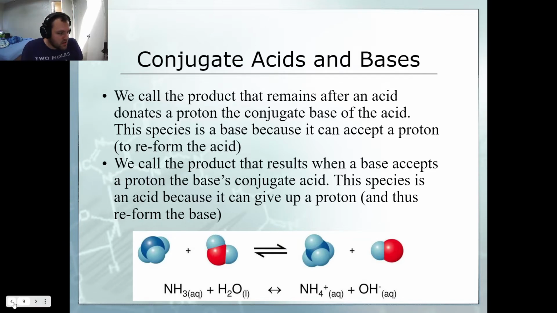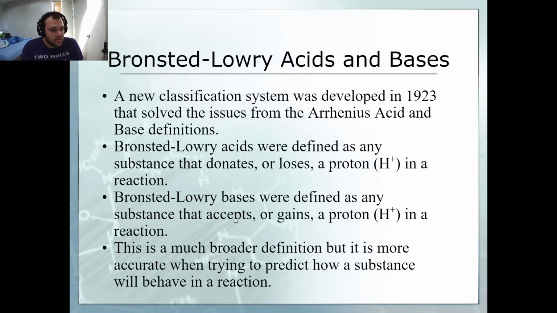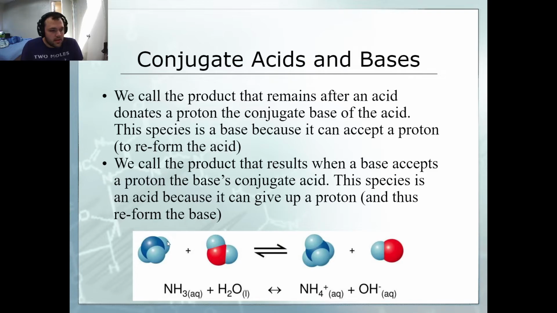We said on the previous slide, if it accepts a proton, an H plus, it is a Bronsted-Lowry base. So the NH3 is what is accepting the proton. It's the Bronsted-Lowry base. That means its counterpart on the other side of the reaction is the conjugate acid. Because if we did this reaction the other way around, it would be giving up that proton to go back to being NH3.